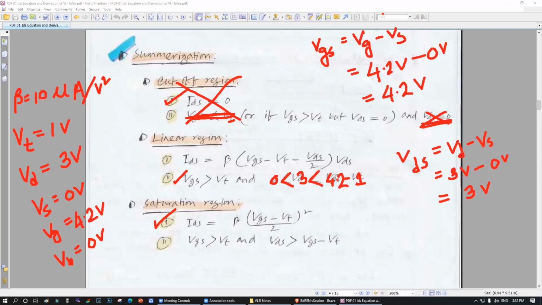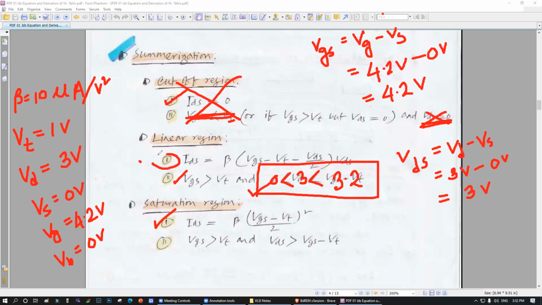Is it correct? Because 4.2 minus 1, that means 3.2, right? So is this condition correct? 3 is less than 3.2, it is correct? Yes, sir. Okay, so this is correct.